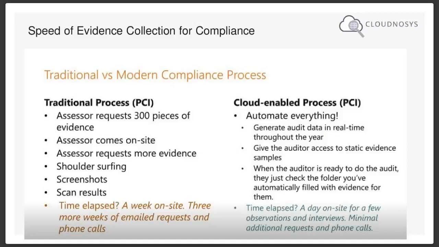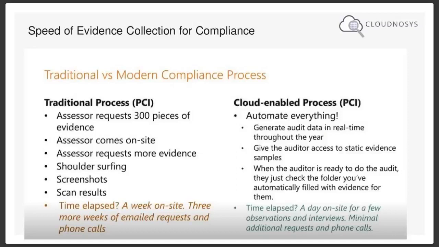On average, 200, 300 pieces of evidence is not uncalled for, depending on how large your infrastructure is. They'll come on site, look over your shoulder, take screenshots, and look at your scan results. This activity will take at least a week on site, if not more, and 3 more weeks of follow-on phone calls and email and so on. That's your traditional process today.